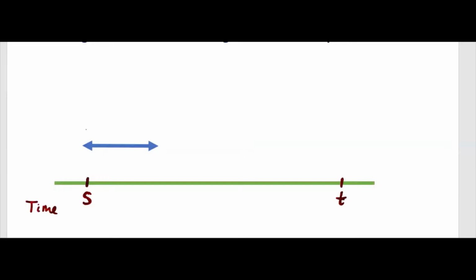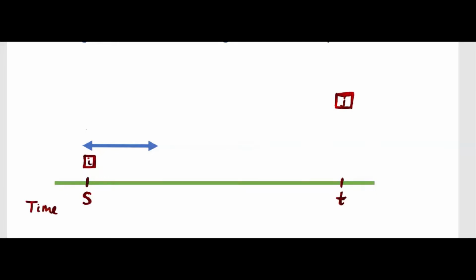So the state here is I, and we want to find the probability that it will be in j at time t, from s to t. Whatever I have written there, we'll try to find using an integral equation.